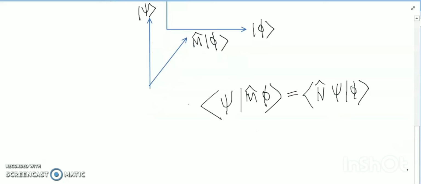Now geometrically we are asking if we have an operator that allows us to instead move psi and still give us the same magnitude times angle of the two vectors, and this must be true for any two vectors phi and psi that we choose.